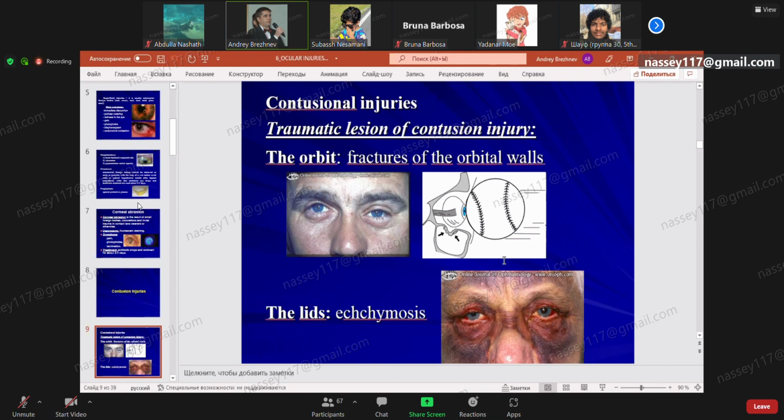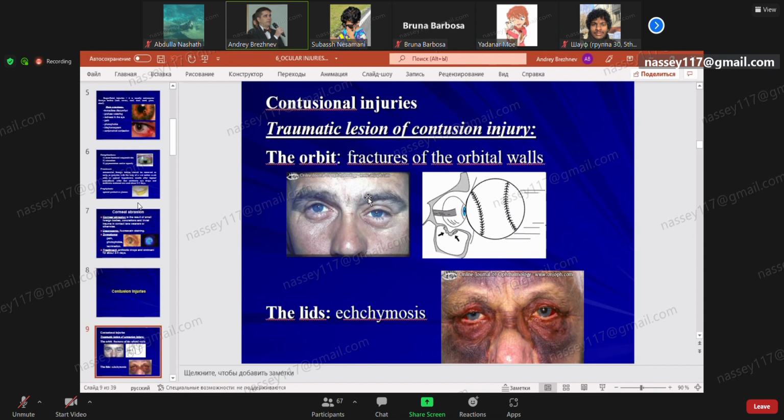Like here, you see blunt trauma by a tennis ball or different other types of agents, because sport blunt trauma is a very common type which causes contusion of the eyeball. And here you see the patient who looks like he has the two eyes at different horizontal levels.